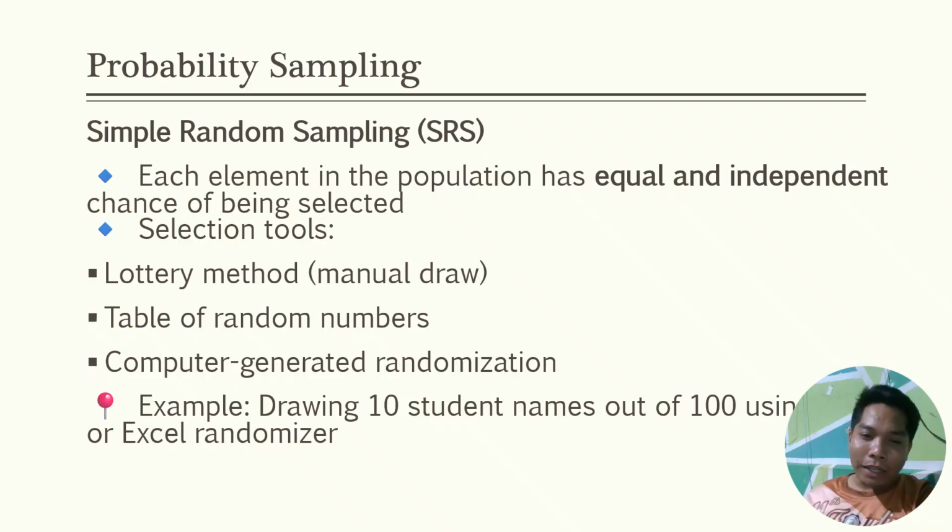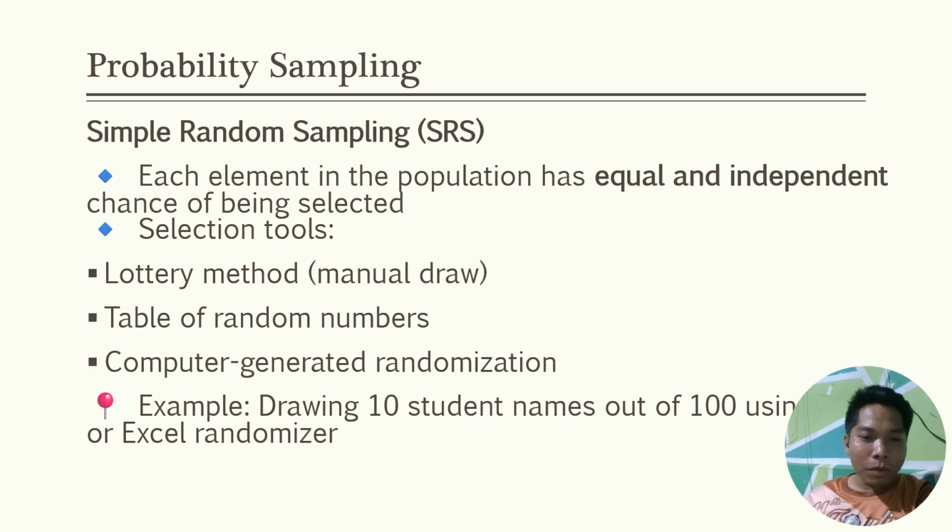For example, the lottery method, where there are different sets of numbers in a bowl and you manually draw the numbers from the bowl. That represents the population that will be included in your study. So you can use the lottery method.